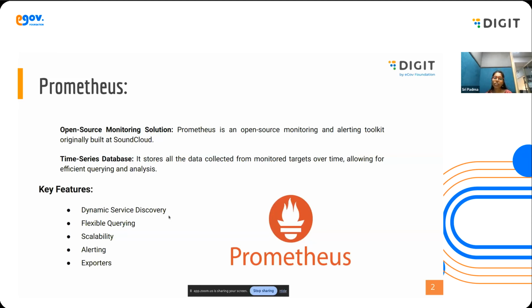It also supports exporters. Why does Prometheus need exporters? Suppose we have Kafka running in our DIGIT environment, and we want to check the Kafka lags, whether all the documents have been entering the DB or not. To give that information, we can use the Prometheus Kafka exporter. It supports multiple exporters.